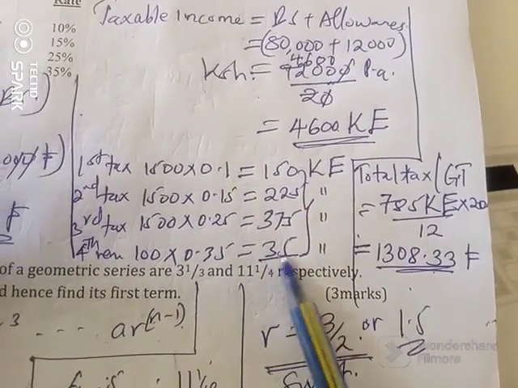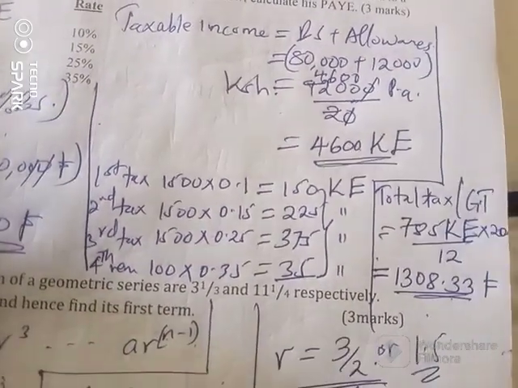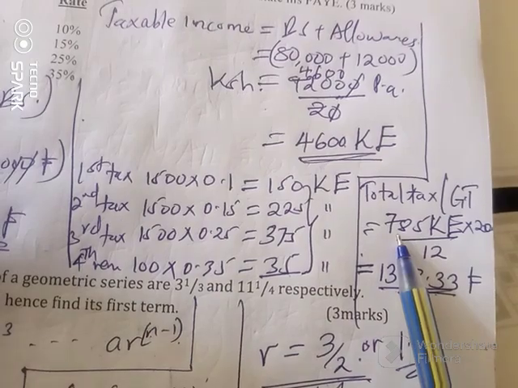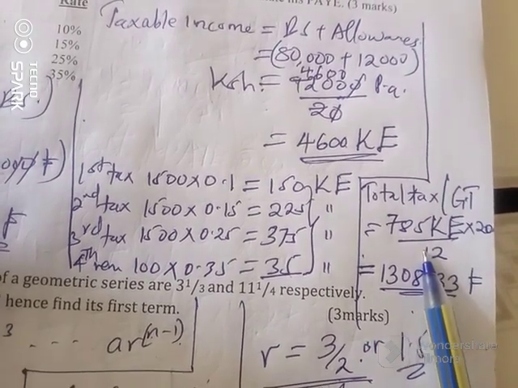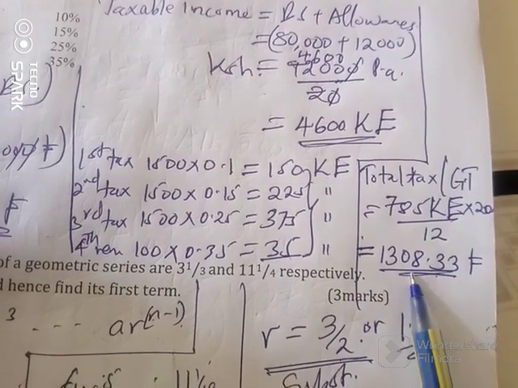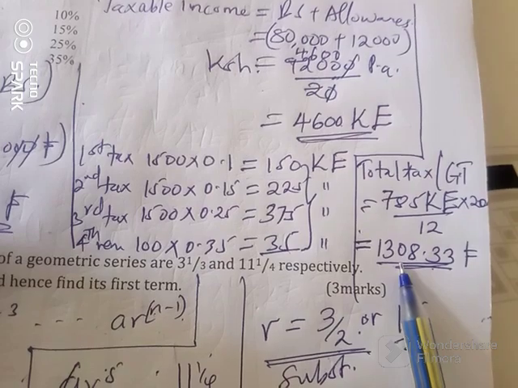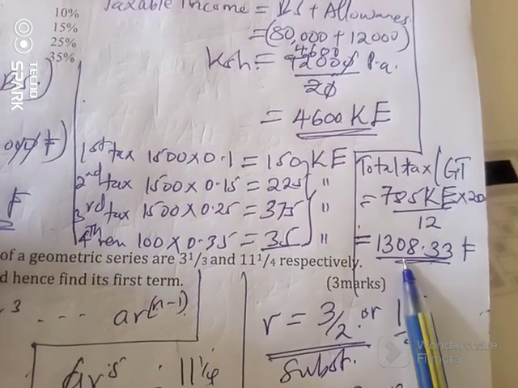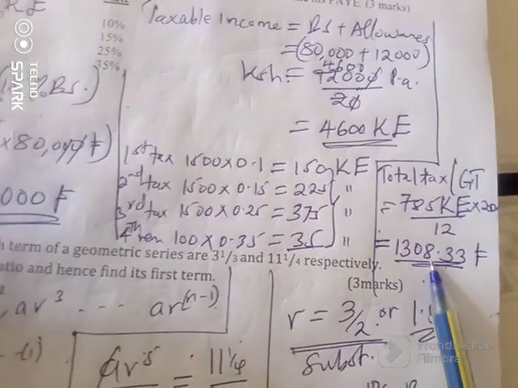Summing up all the tax, we got what we call total tax or gross tax. Gross tax, we went as far as converting it into Kenya shillings in a month by dividing by 12. We found in a month it should pay a total gross tax of 1,308 shillings and 33 cents.